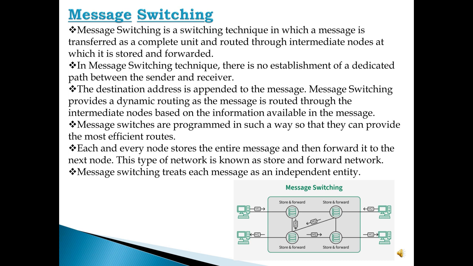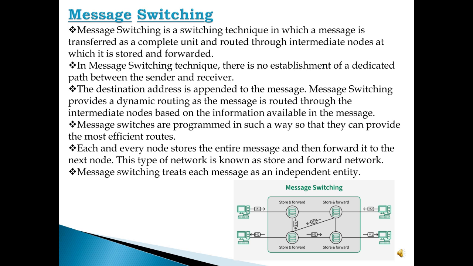The destination address is appended to the message. Message switching provides dynamic routing, as the message is routed through the intermediate nodes based on the information available in the message. Message switches are programmed in such a way that they can provide the most efficient routes.